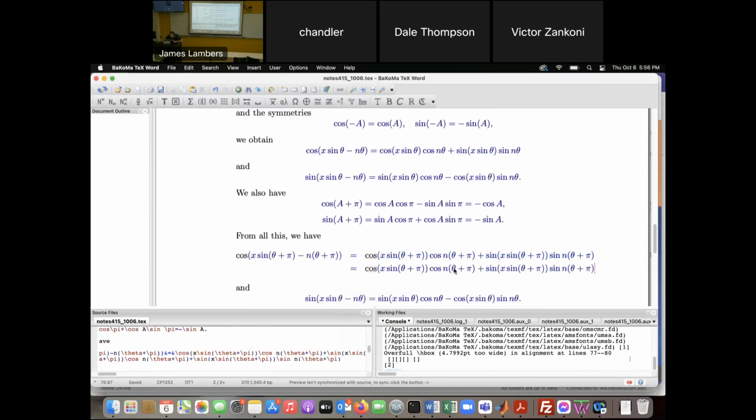Okay, now, for instance, when I have sine of theta plus pi, that's going to be the same as minus sine theta, so I can take that into account throughout. So that's going to be minus x sine theta.